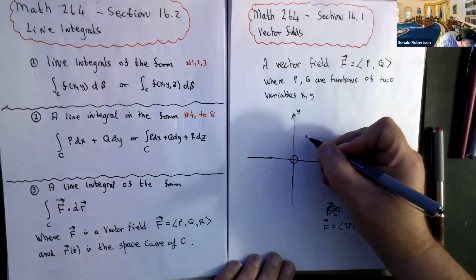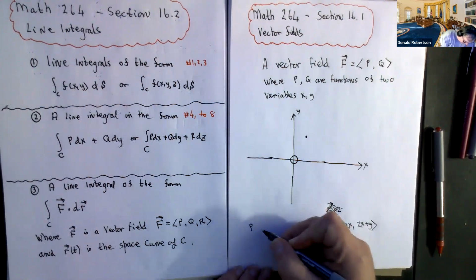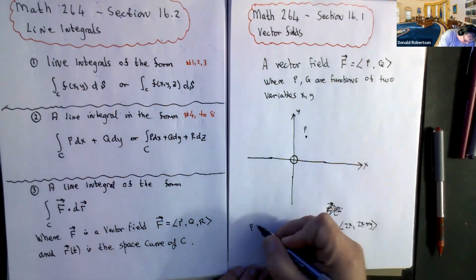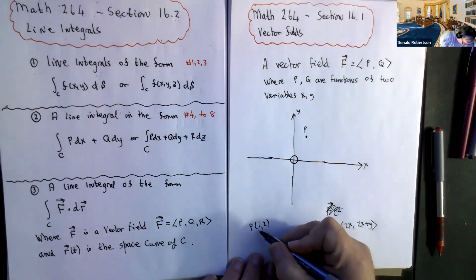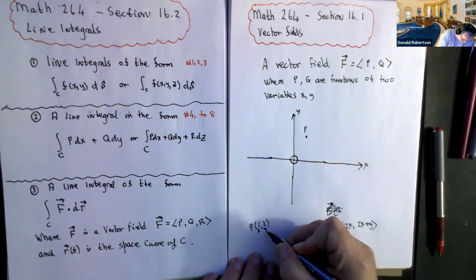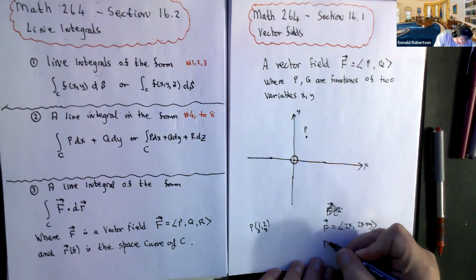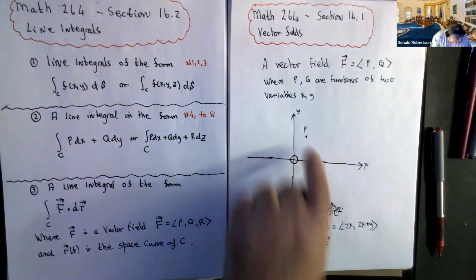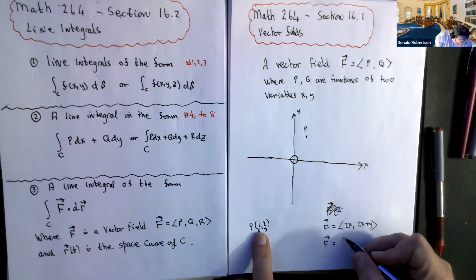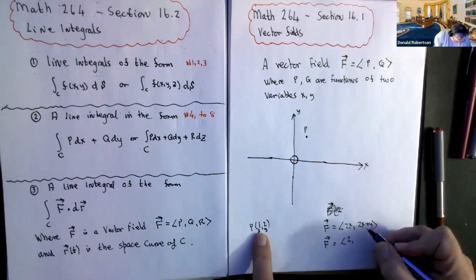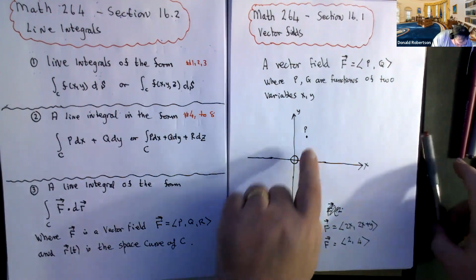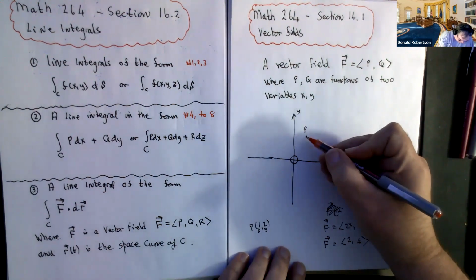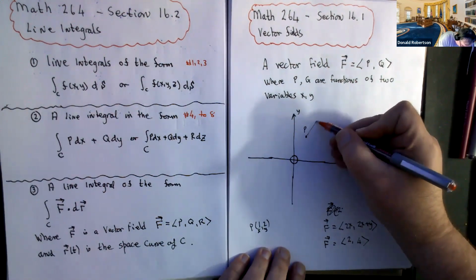So let's suppose that point there, let's call it P. And let's say I had coordinates 1, 2. So that would mean its X coordinate is 1 and its Y is 2. Then the vector that you would associate with that point in space would be 2 times 1 is 2, 2 times 1 plus Y, which is 4. And so you can imagine here, you'd get a vector that would be 2 along, 4 up. You make a vector like that.